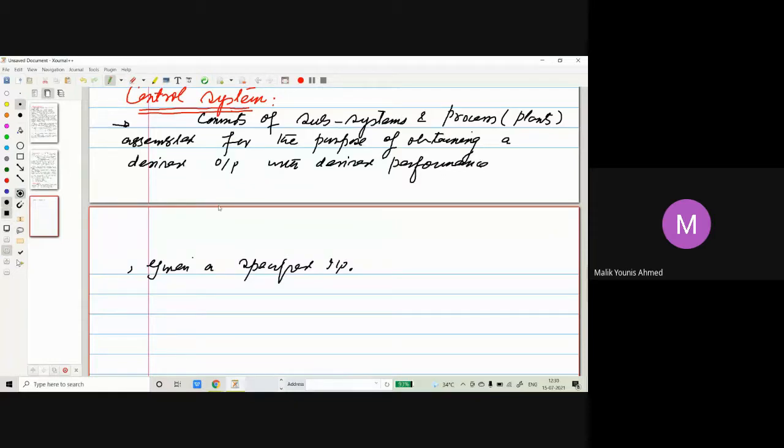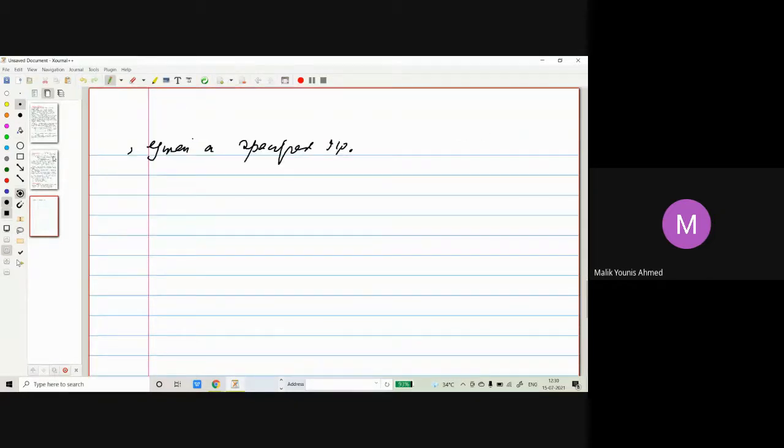So here I'll be drawing a bit more of a diagram. Now here will be the input. We also call it the stimulus.